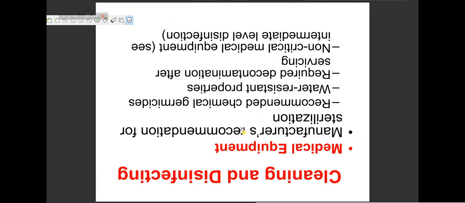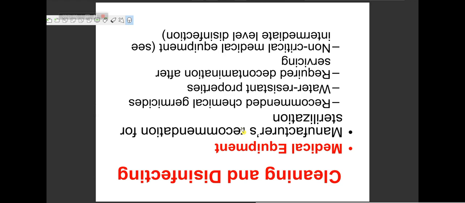Now coming to the medical equipment, here are the manufacturer's recommendations for sterilization, right? Manufacturers will recommend some chemicals, which particular chemicals to use for a particular instrument, and there will be water resistance properties, and they also require decontamination after servicing, right?